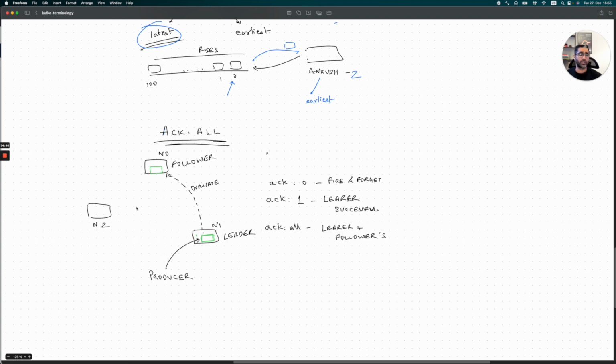I will actually use acknowledgement 0 because that would be really, really fast in writing. And if I'm writing the number of threads or the CPU load every second, or maybe even faster, every millisecond, then I'm going to be pushing a lot of messages out there. So for me, it's much better to use acknowledgement 0. And if I lose, let's say, 10% of the messages, I don't really care.